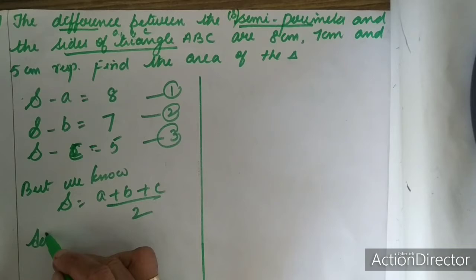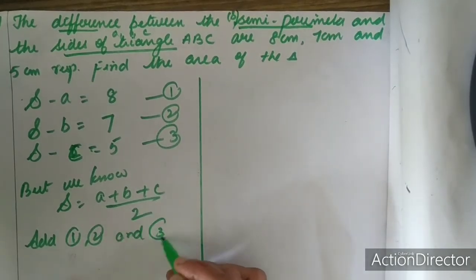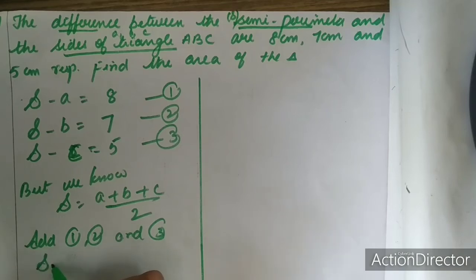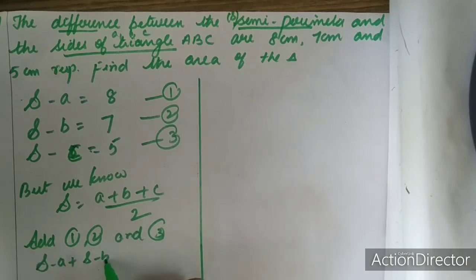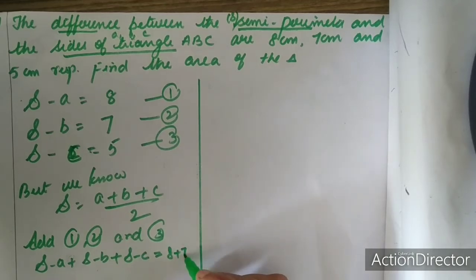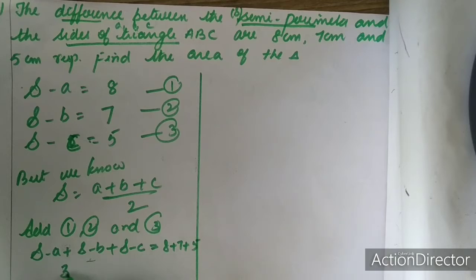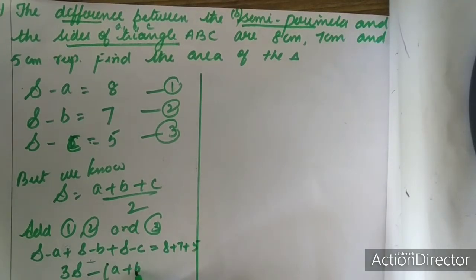By adding 1, 2 and 3, we get S minus A plus S minus B plus S minus C is equal to 8 plus 7 plus 5. How many S are there? 3S minus, taking common, I am having A plus B plus C is equal to 20.